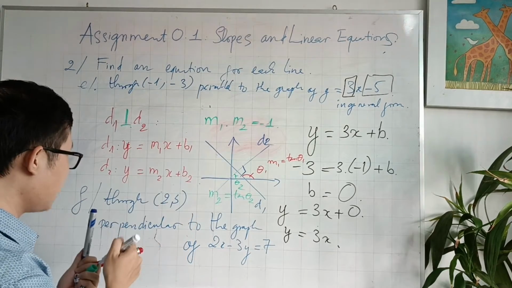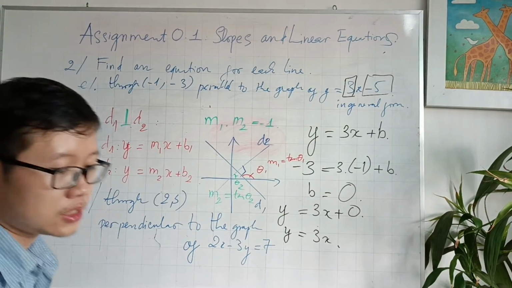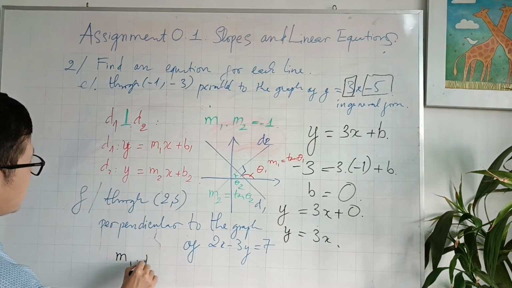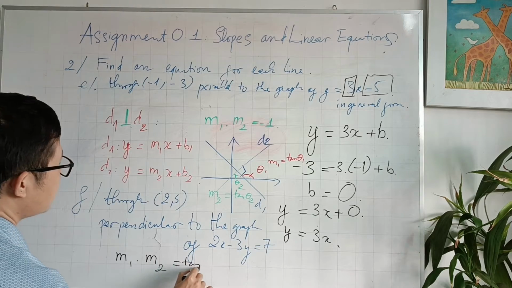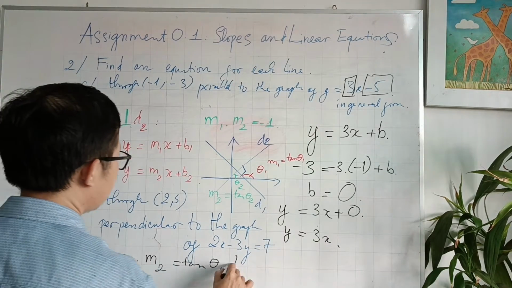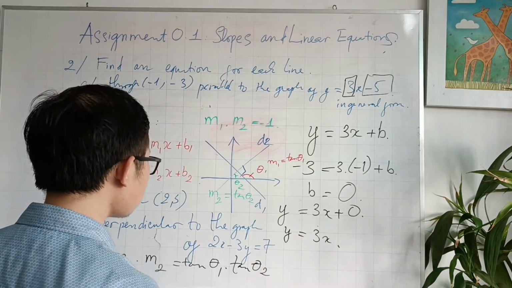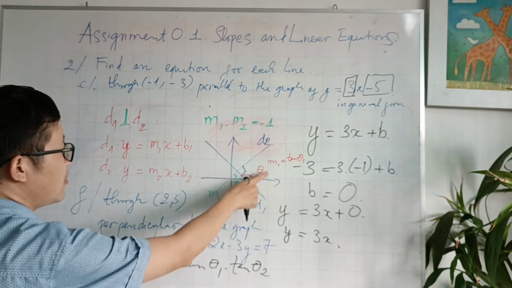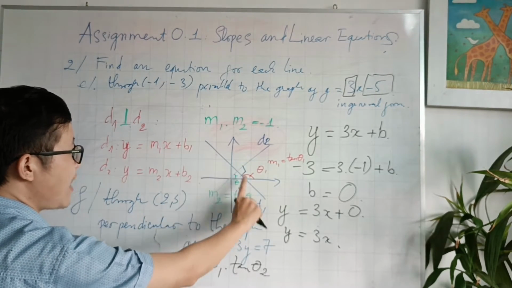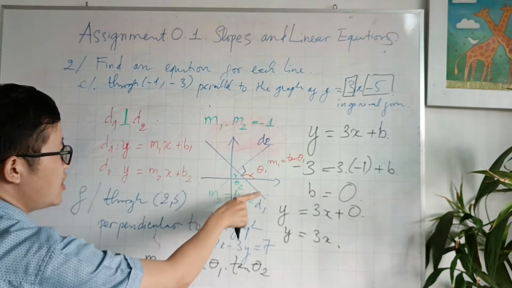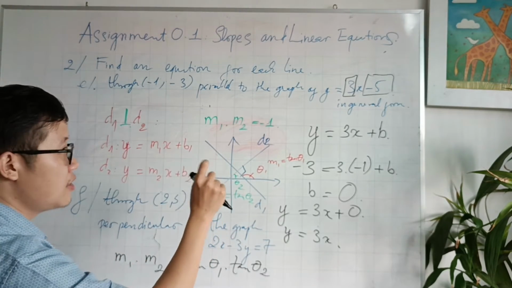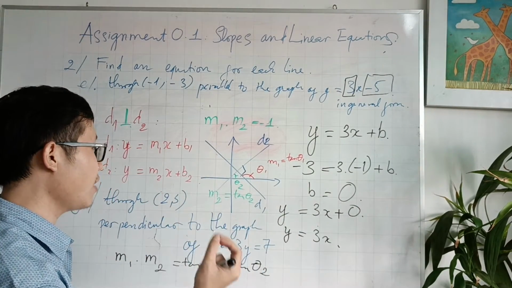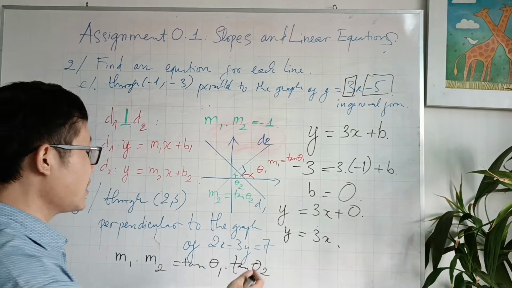So m1 times m2 is tan θ1 times tan θ2. And θ1, θ2 here, we see that the sum of the two angles is equal to 180 degrees. So tan θ1 has a negative value of tan θ2.